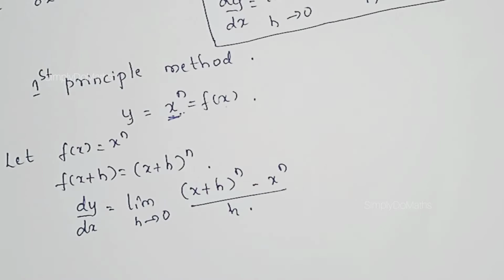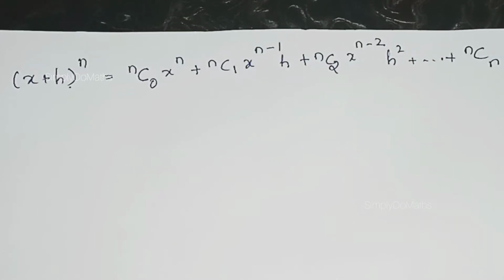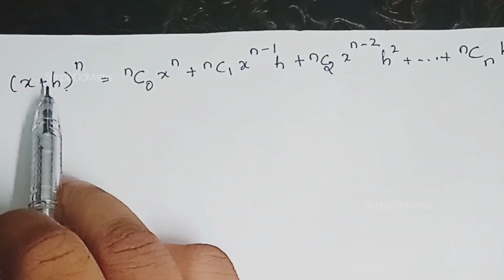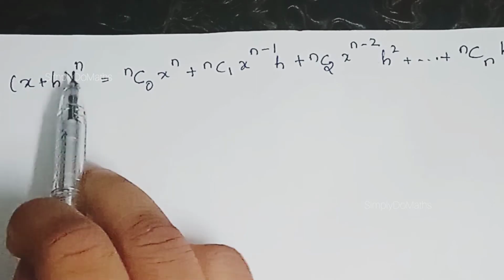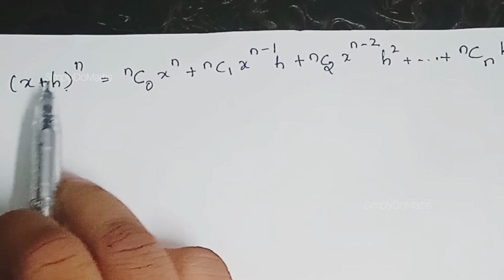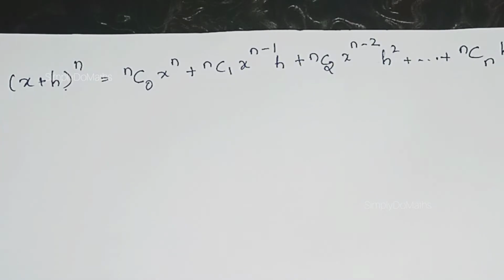Now we need to simplify this. To simplify this, we have the binomial theorem expansion for two variables, x plus y, x plus h, a plus b, whatever you have used in your previous classes. Okay, I am considering x plus h here because we are having x plus h whole raised to n, right?